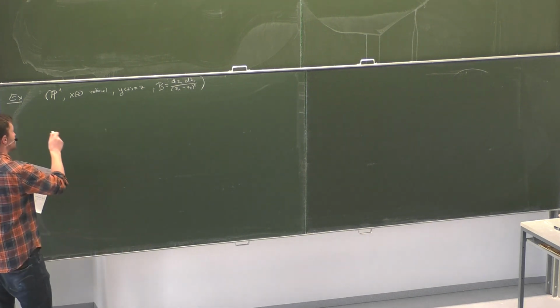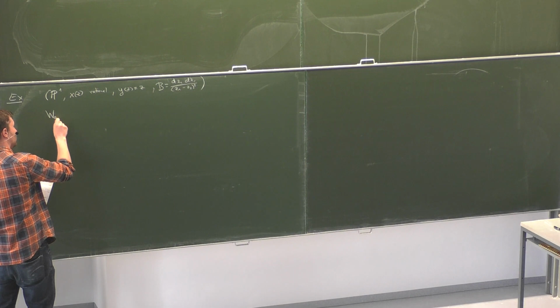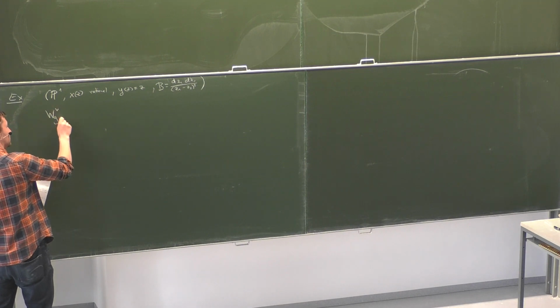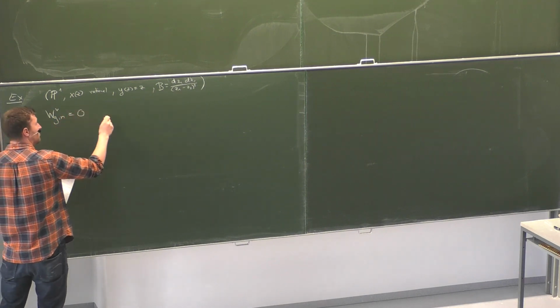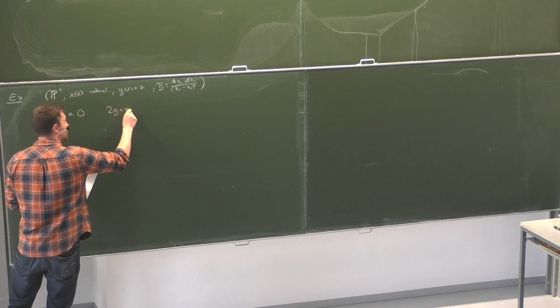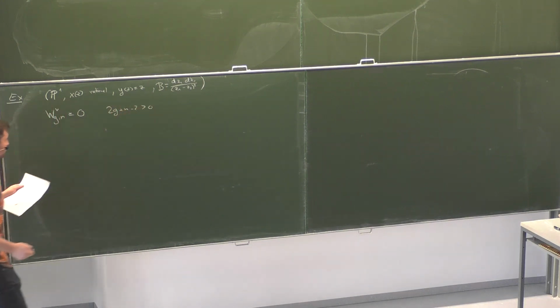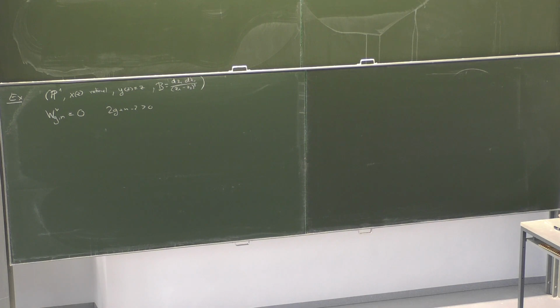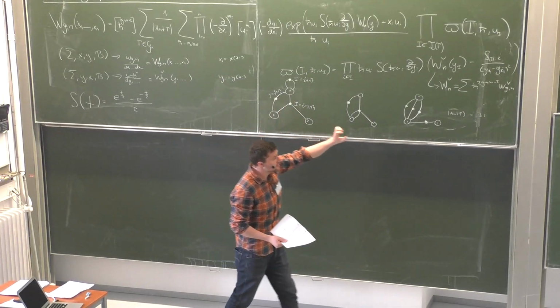Good. So this example implies that all W check n are 0 for 2g plus n minus 2 greater than 0, which means on the right-hand side where we have these weights there, for instance, this graph cannot appear because this object has 3 attached edges, so it has valence 3.